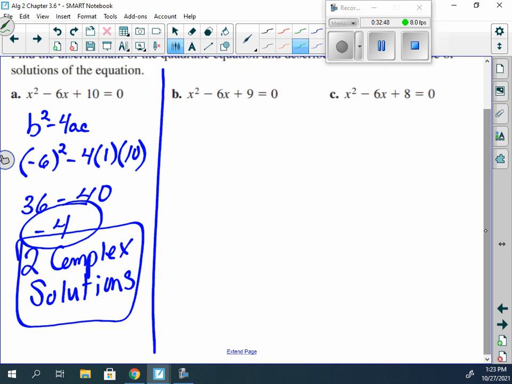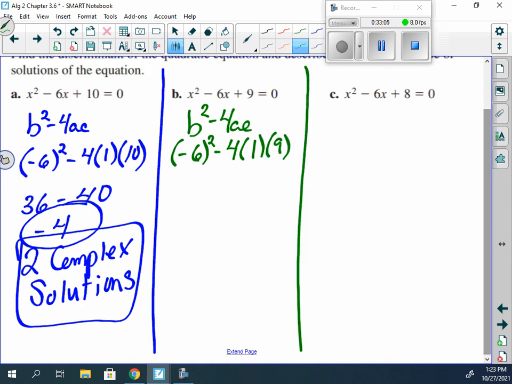So again, we're looking at the discriminant, b squared minus 4ac. Well, what is b squared? -6 minus 4 times 1 times 9. Well, -6 squared is still 36.